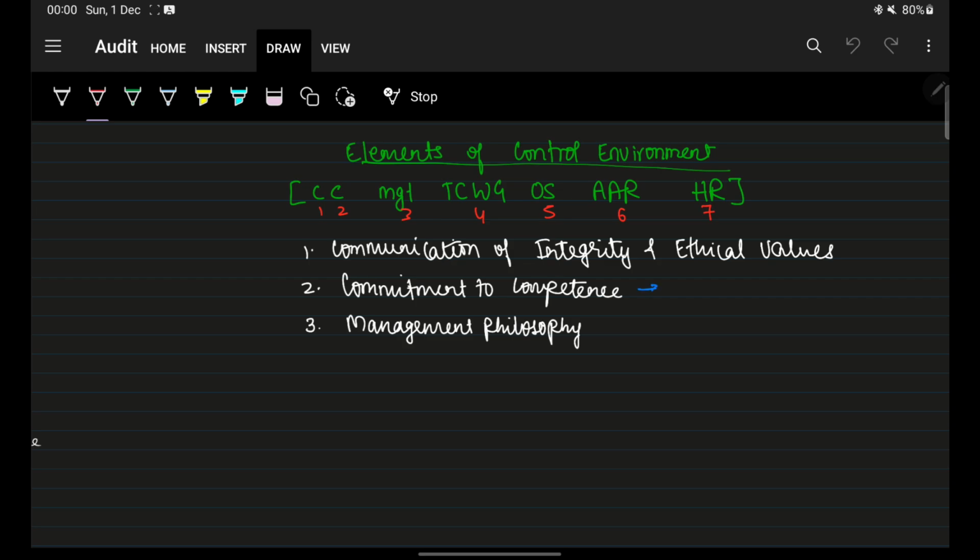Firstly, it was attitude towards risk, right? We'll just combine both of them. Attitude towards business risk, rather not only risk, it was business risk, and also towards financial reporting.